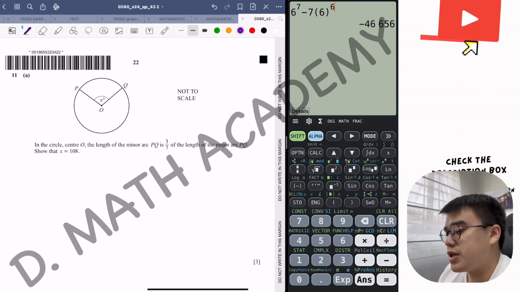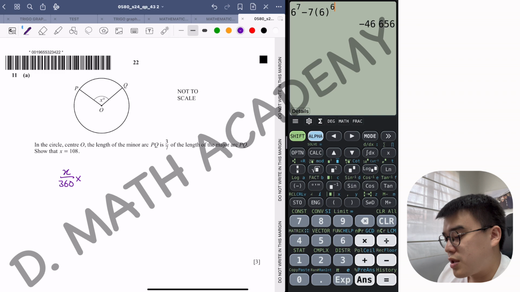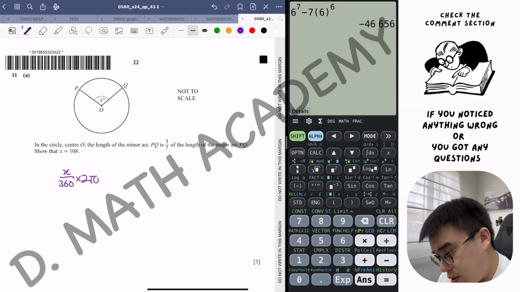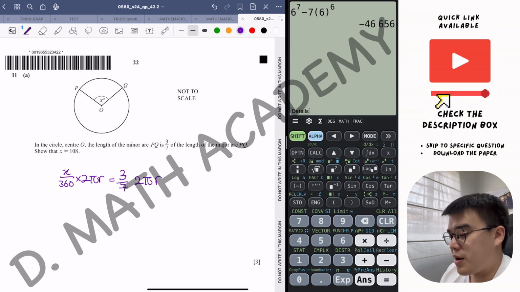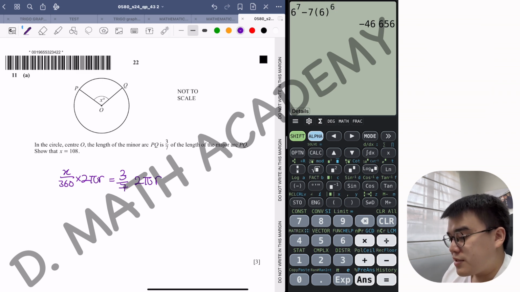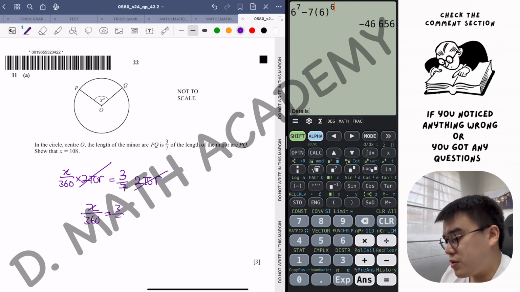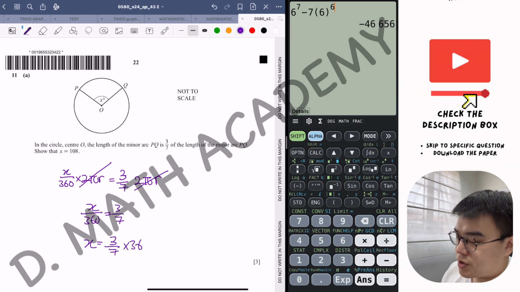So you are saying that x over 360 times 2 pi r equals to 3/7 of 2 pi r. Okay, so 2 pi r and 2 pi r will be gone. 3x over 360 equals to 3/7. x will basically be 3/7 times 360.